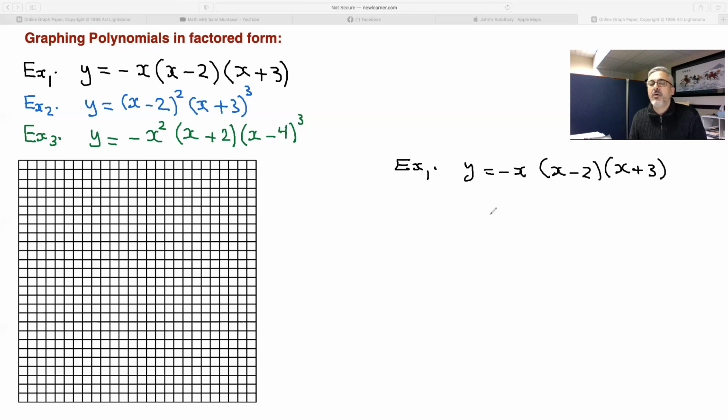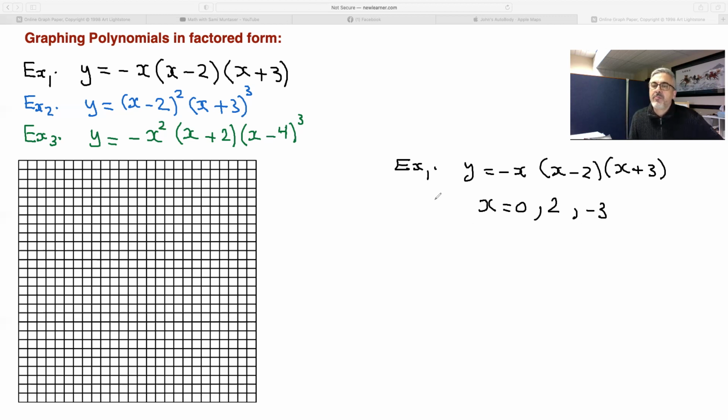The first thing you need to find is your zeros. This x here is by itself, nothing added or subtracted, so that gives you a zero of 0, or an x-intercept that equals 0. Zeros are the same as x-intercepts. This gives you a zero of 2, and this gives you a zero of negative 3.